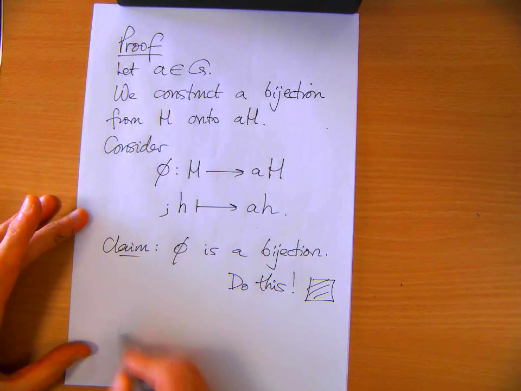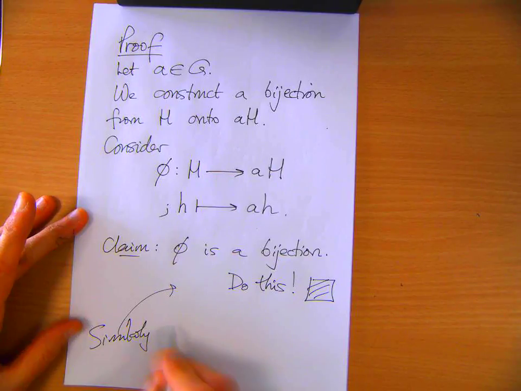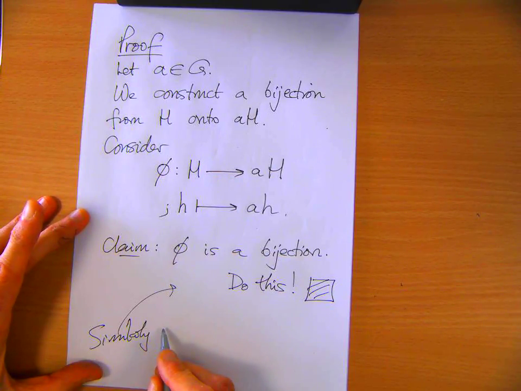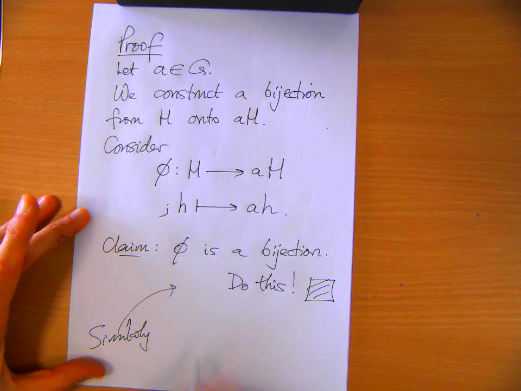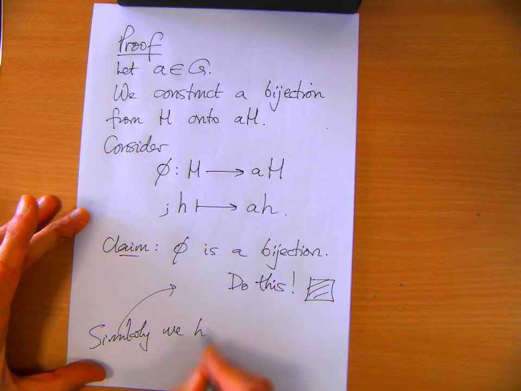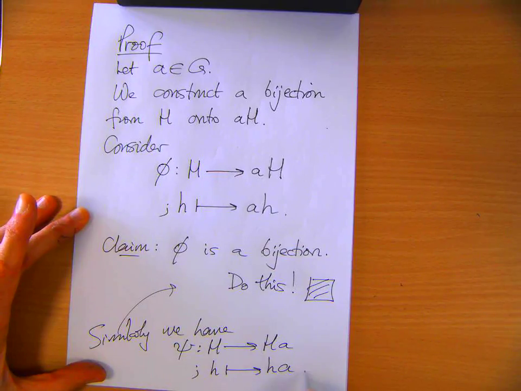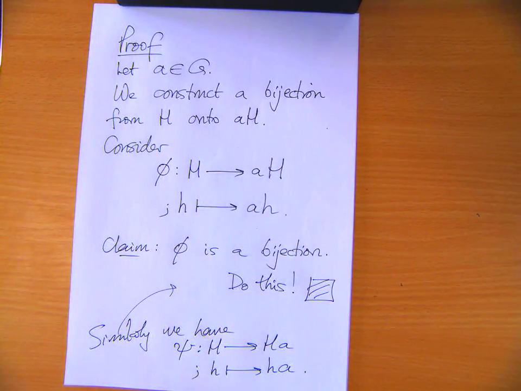And perhaps I should say, similarly, we can do the thing for the right coset. Let's perhaps call that psi, where we take little h to h times a, where the a is on the other side, and that's also a bijection.